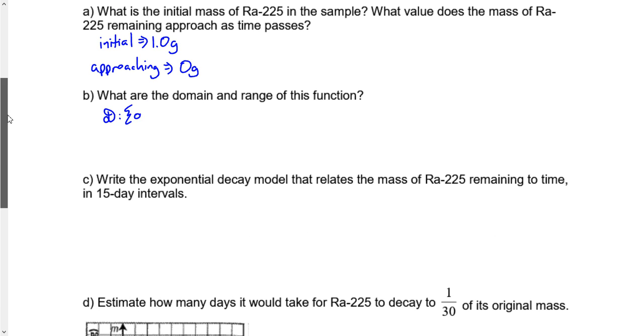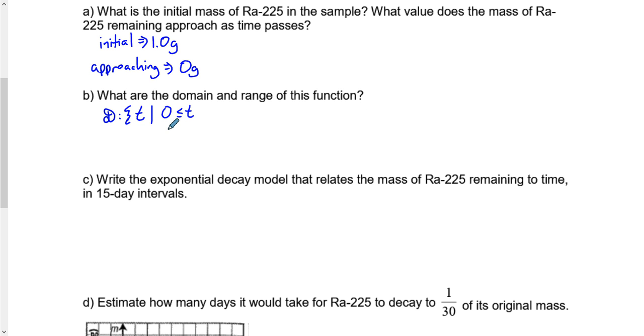No, it's time. Our domain, which is on our x-axis, is talking about time. Well, our time of 0 is our lowest value. It does hit 0. But it does continue on forever.